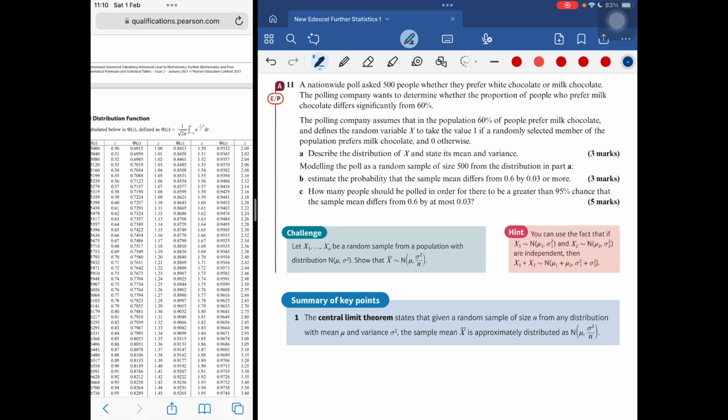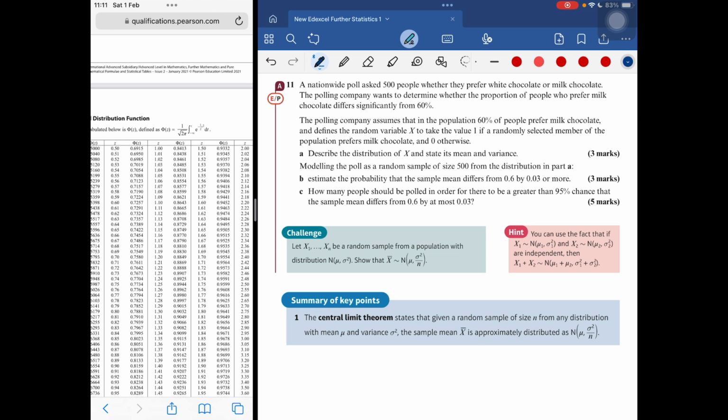Okay. And it defines a random variable x that takes the value 1 if the selected member of the population preferred milk and 0 otherwise. So x is the number of people who answer one. Describe the distribution of x and state its mean.